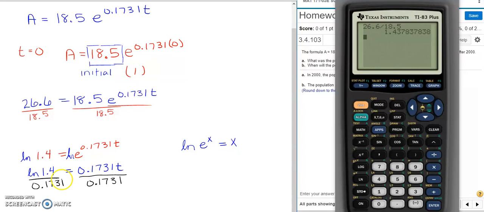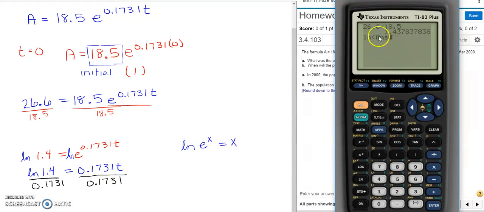Now, when I type this in, I'm not going to type in 1.4. I need all these decimals. If you chop it off, you're going to lose accuracy, and then your final answer will be a little bit off from what it's supposed to be. So I'll show you how I do that. If I need the natural log of this decimal that I just had, I hit second, and answer is right here.